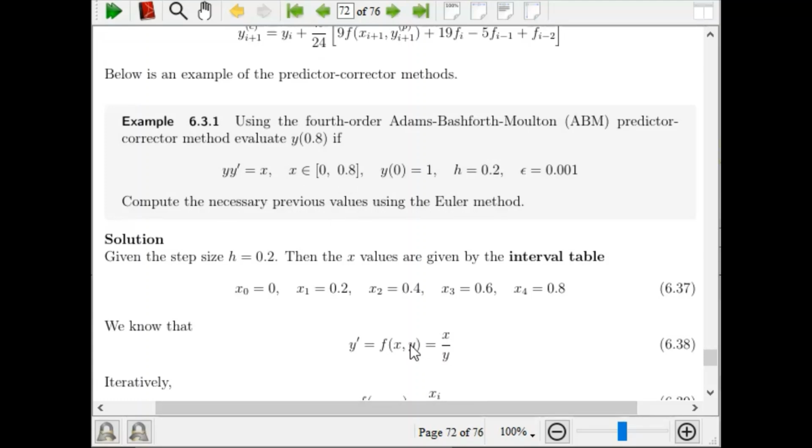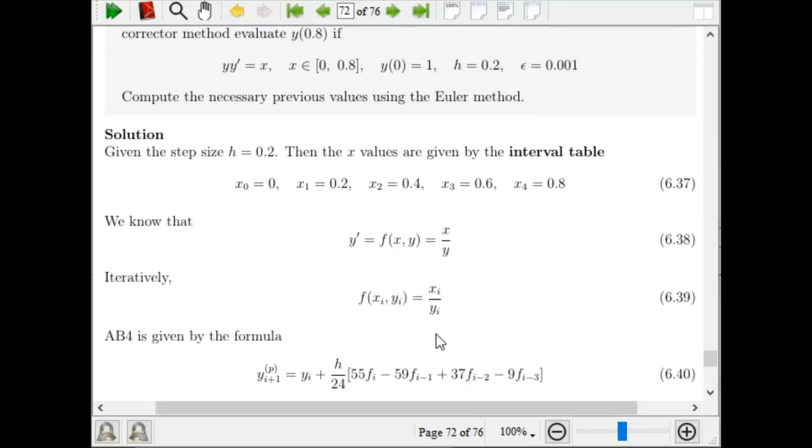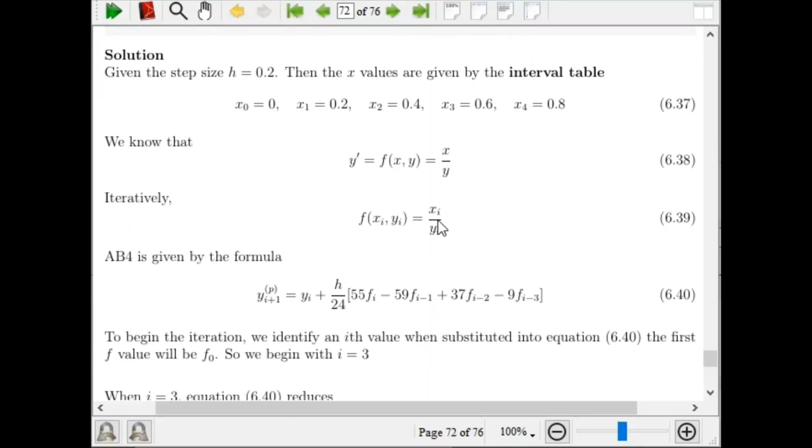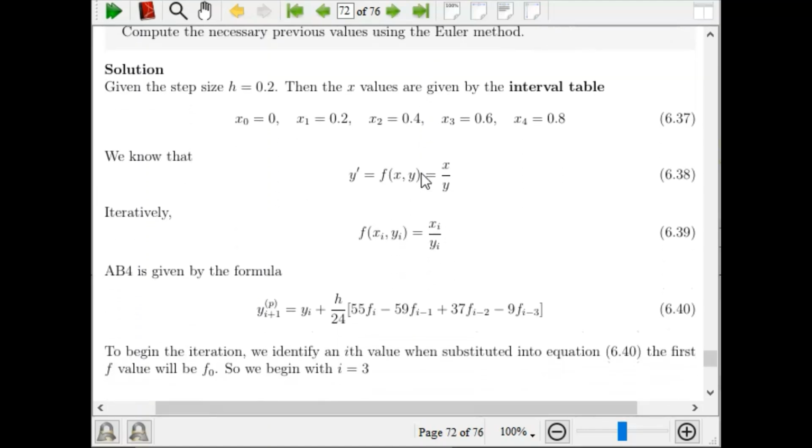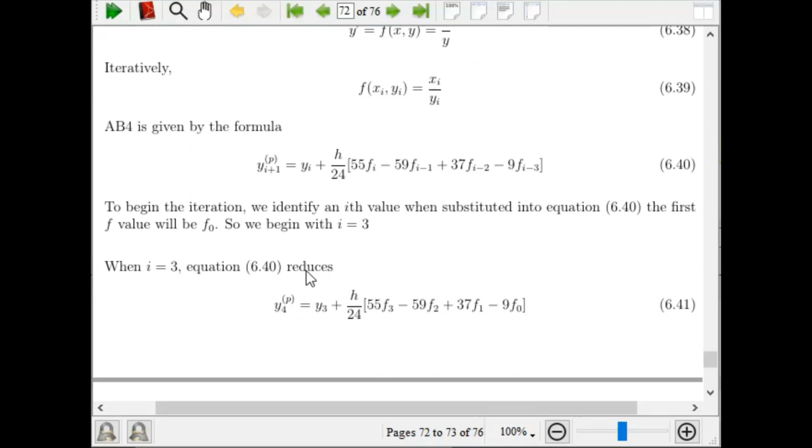We have our y already, and then we convert it to an iterative scheme. Straight away, the question says fourth order Adams-Bashforth. That is a predictor method, so we write that formula.